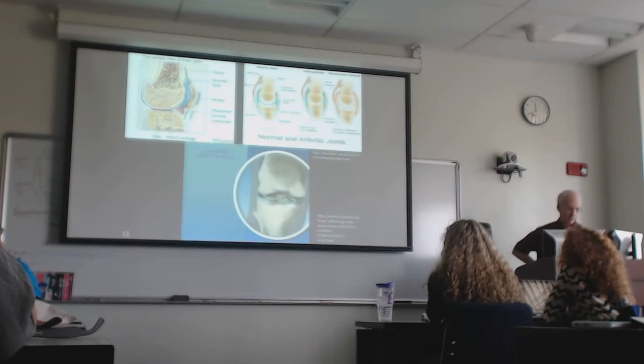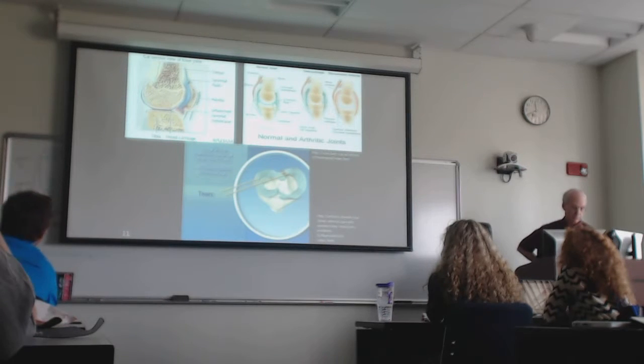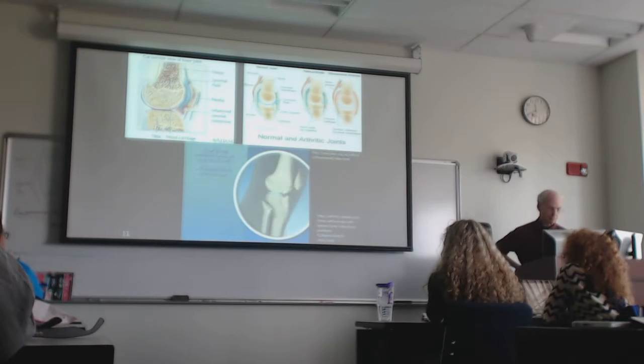A tear in the meniscus cartilage may result from twisting injuries or increasing age. Most meniscal tears occur in the back portion of the meniscus. When the knee bends, like when you are squatting, the thigh bone pushes against this torn area, causing pain.